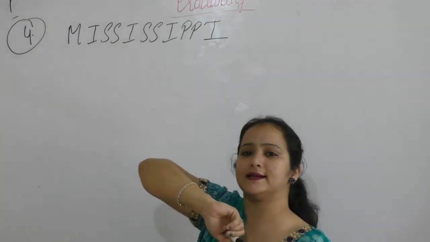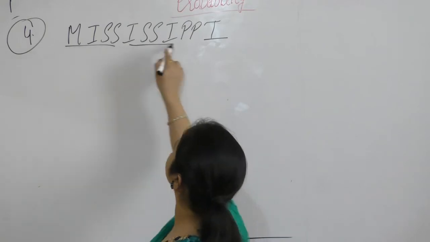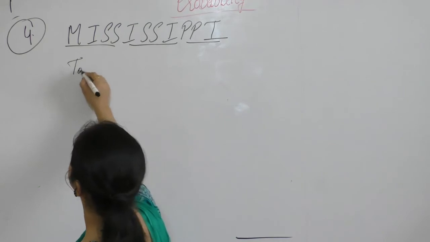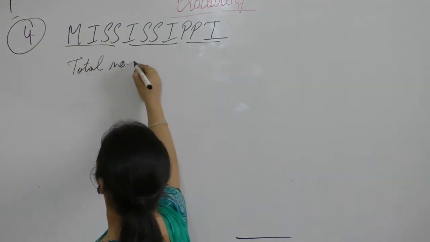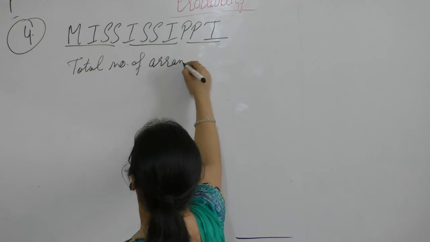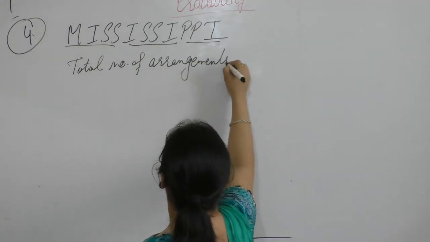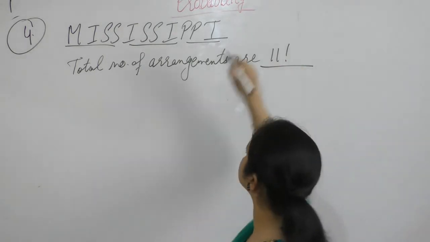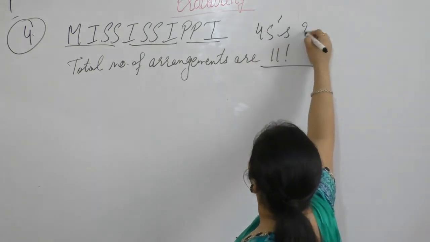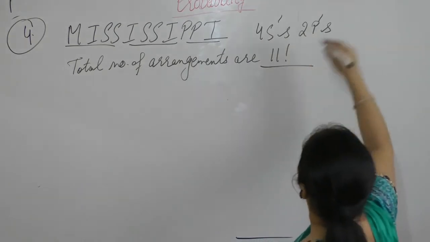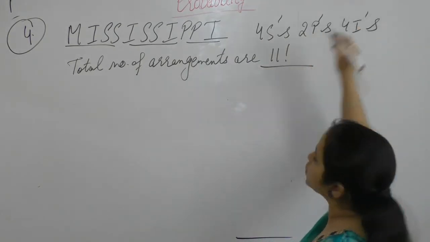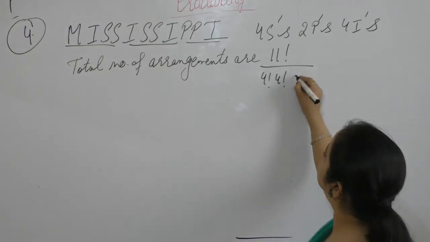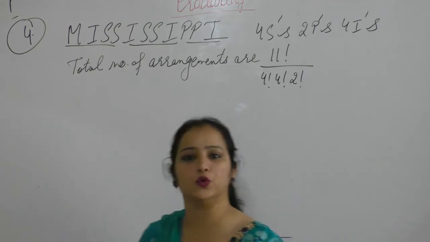Now, how many letters are in the word Mississippi? 11 letters are there. So, total number of arrangements are 11 factorial. There are 4 S, 2 P's and 4 I's. So total number of arrangements are 11 factorial upon 4 factorial, 4 factorial and 2 factorial.